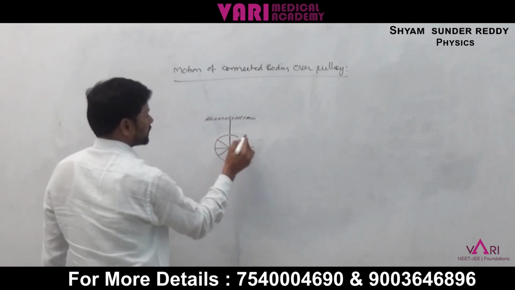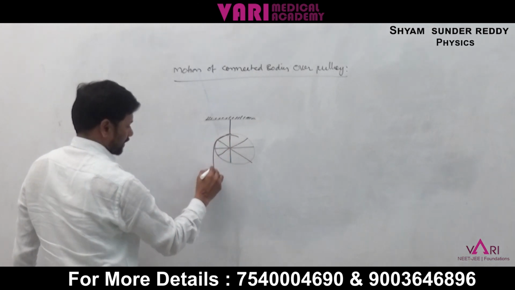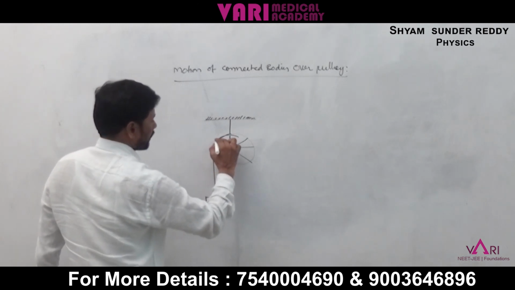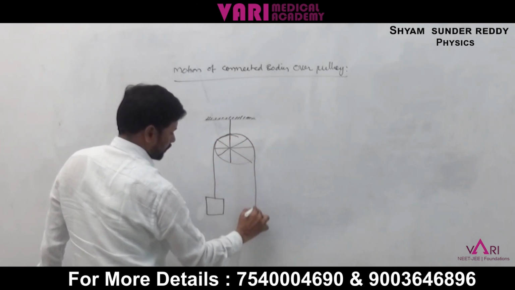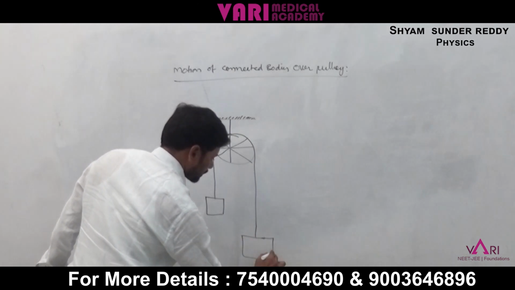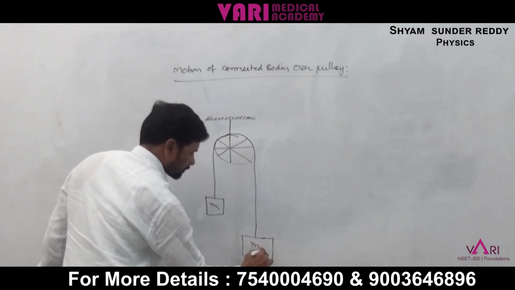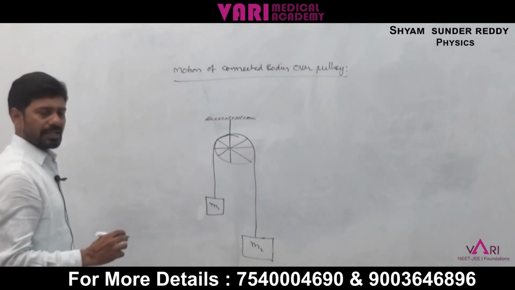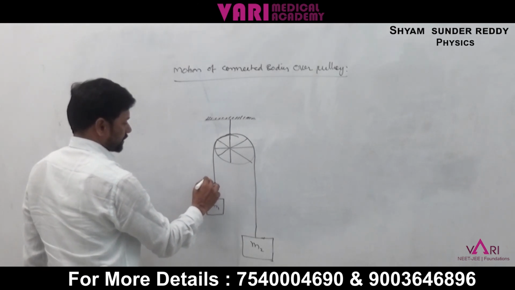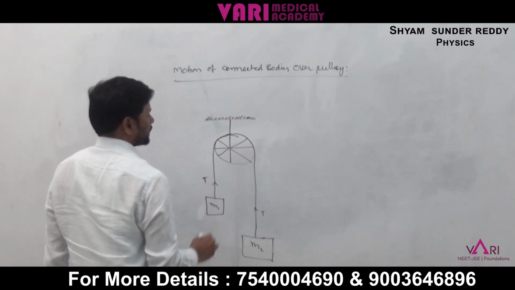On this, take one massless string, and masses m1 and m2, where m1 is less than m2. In this case, the tensions are T and T1.